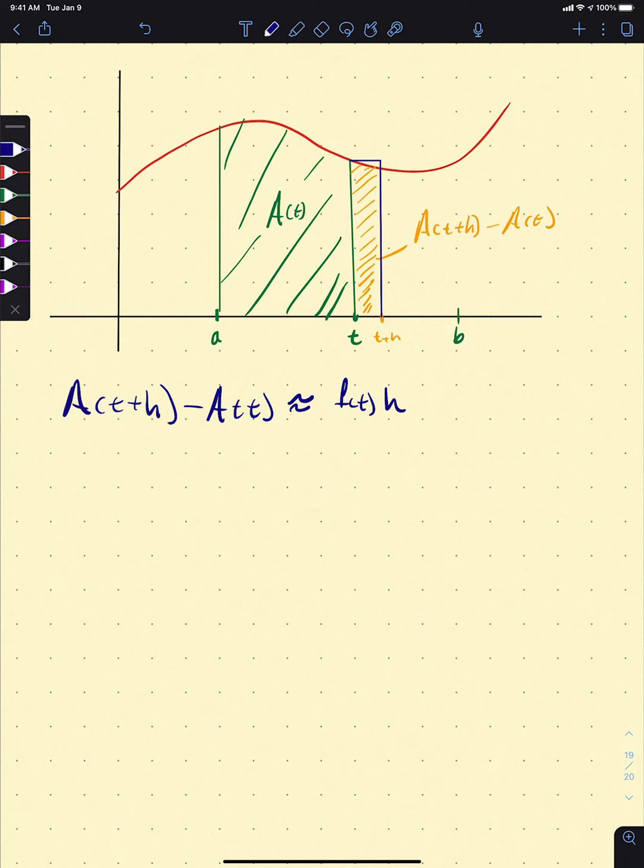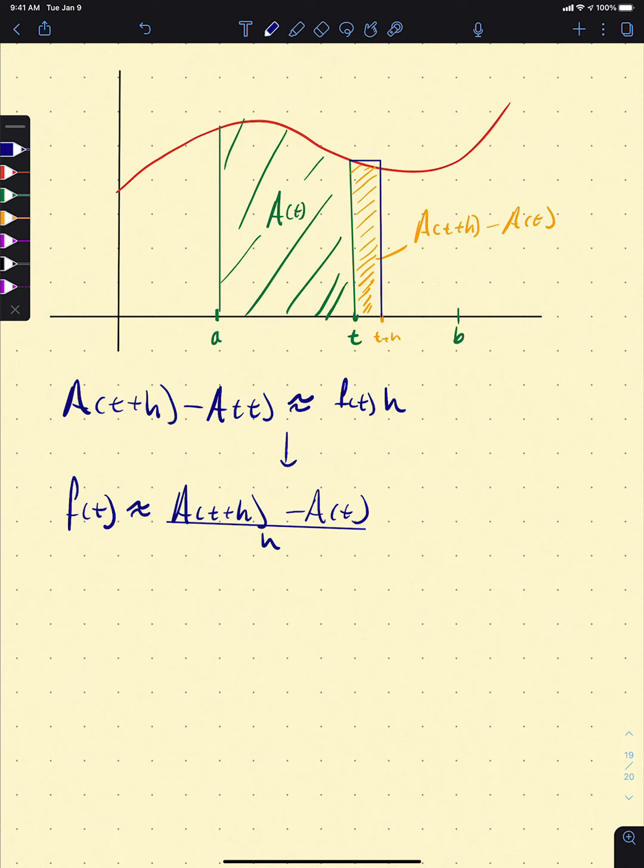In particular, why don't we divide by h? That's going to tell us that f of t is approximately equal to A of t plus h minus A of t over h.